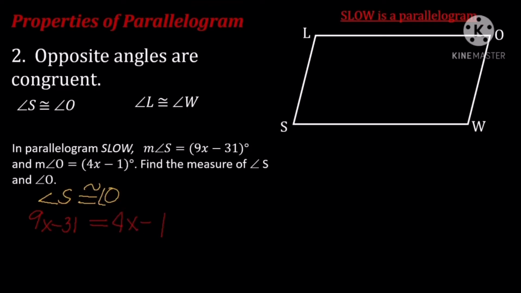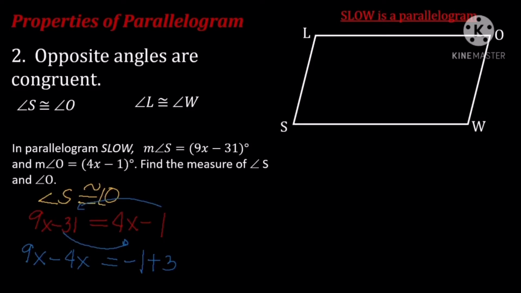Then, let's apply addition property of equality. So, we're going to have 9x, so, positive 4x will become negative 4x is equal to negative 1. And then, negative 31, it will become positive 31. And then, let's simplify.